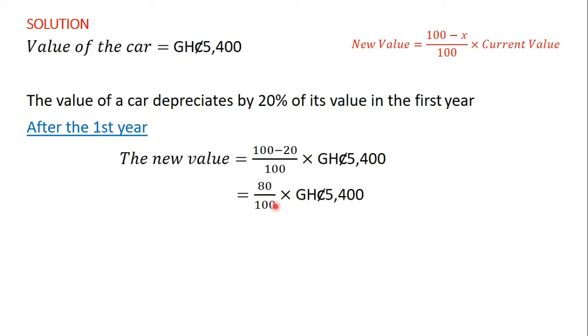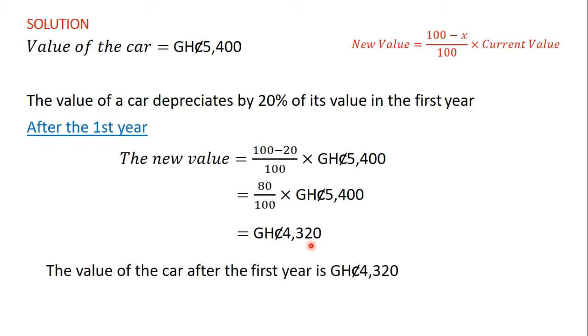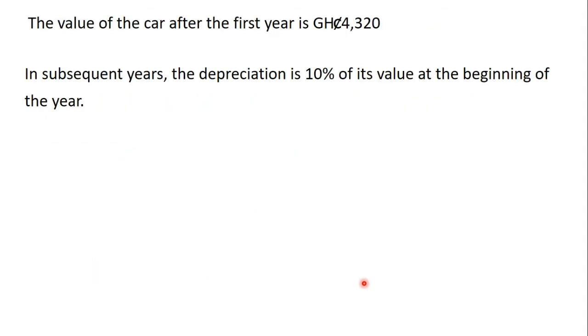So after the first year, the value of the car is equal to 80 divided by 100 times 5,400 Ghana cedis. And this will give us 4,320 Ghana cedis. So the value of the car after the first year is 4,320 Ghana cedis.